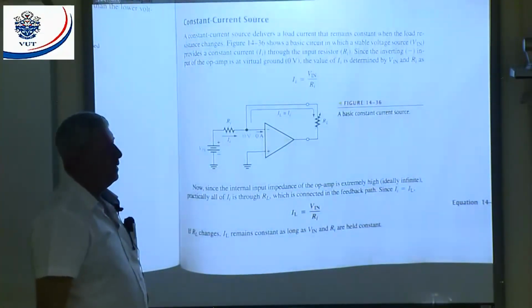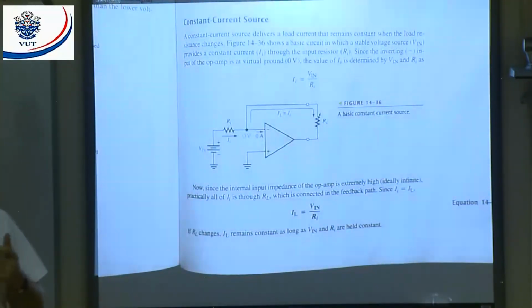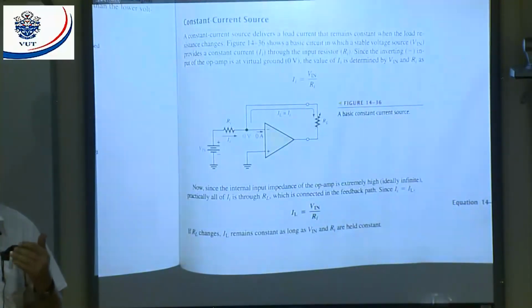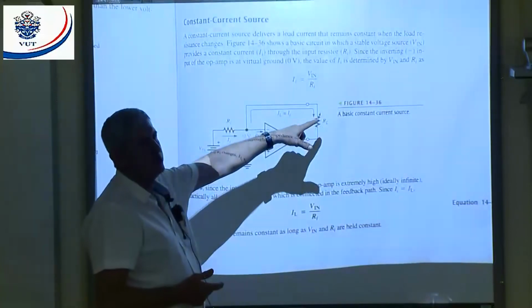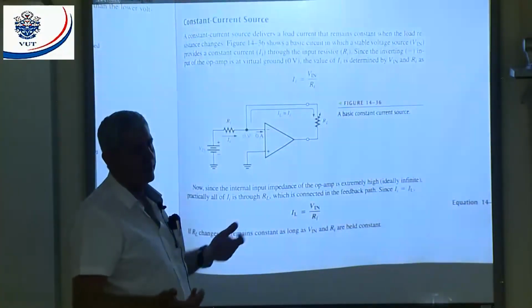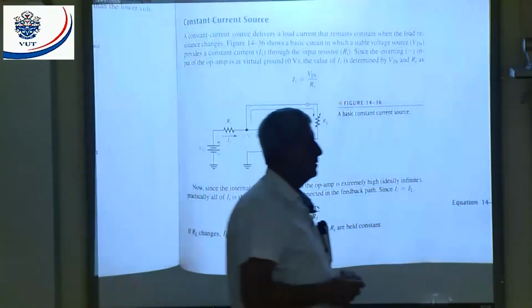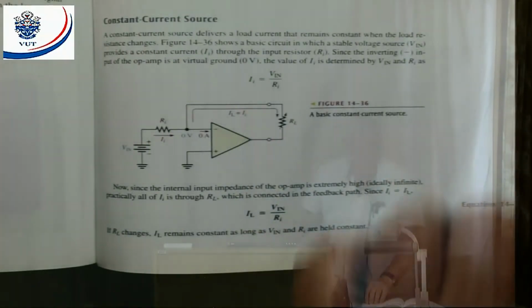And then if I increase RL, increase the resistance value, the current will still stay the same, up to a certain point, but it will give me a constant current. That's why they say a constant current. But remember, you can't make that too high. If you make it too high, you will reach a certain point where the op-amp will saturate, and it won't be able to keep the current constant. Any questions?